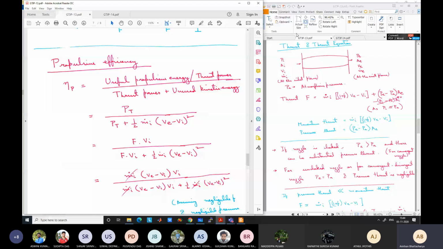So this propulsive efficiency takes into account the second part of the energy conversion: how efficiently we are converting the kinetic energy of the exhaust gases into the energy which is used for moving the aircraft forward. So how can we define that?